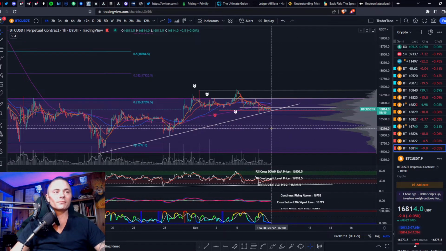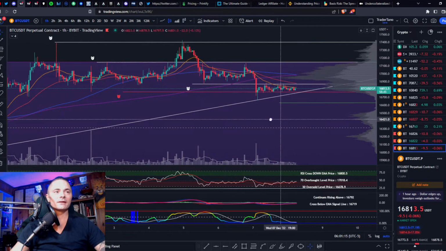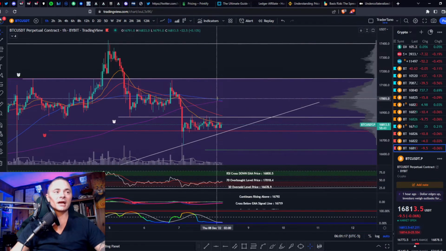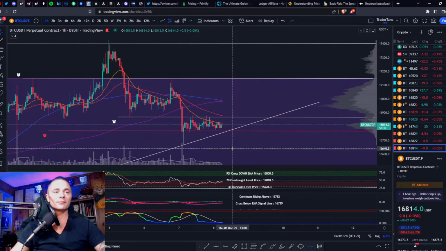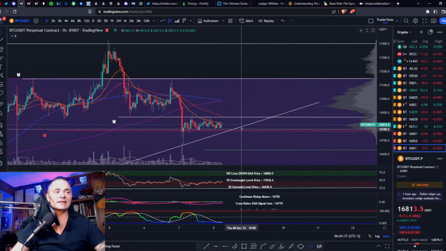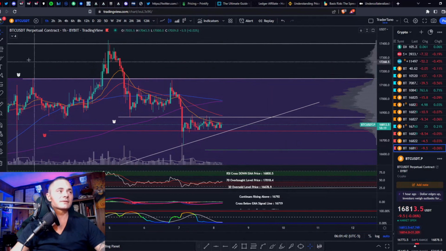Okay, so if we get the BART and then get rejected and break down, or if we break down from here and break this trend line right here, I do expect us to go to the bottom of the range, but I do expect a retest of this trend line, probably from 16,640, 16,630. I mean, get a bounce, come up, retest the trend line, and then continue down. Something like this.